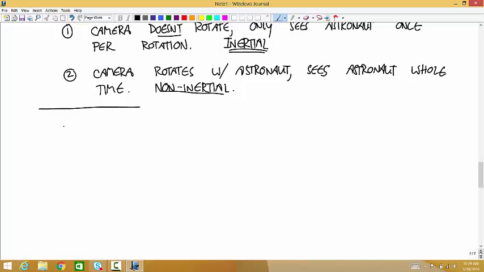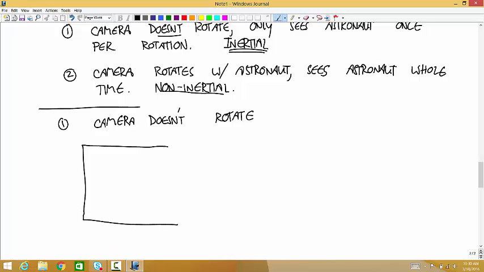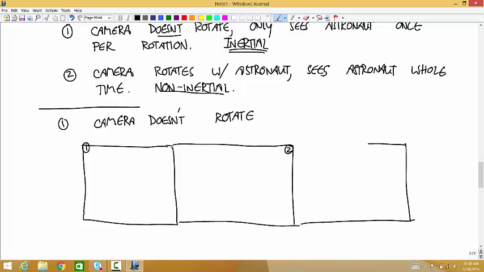Okay, so the first way, the camera doesn't rotate. So here's frame 1. This is like a film strip. Frame 2 and frame 3. So what does the camera see in frame 2?